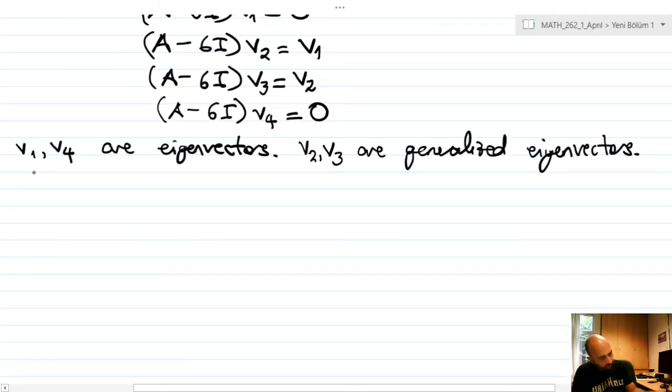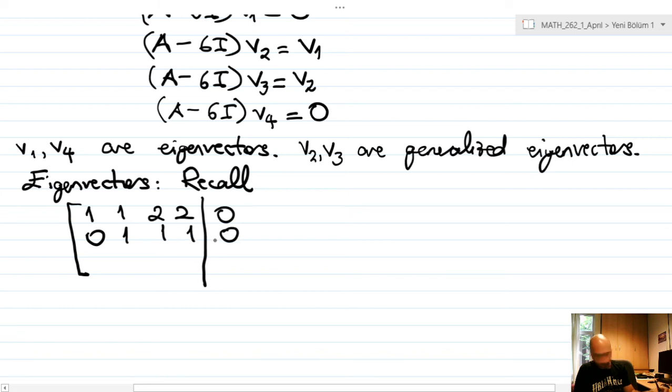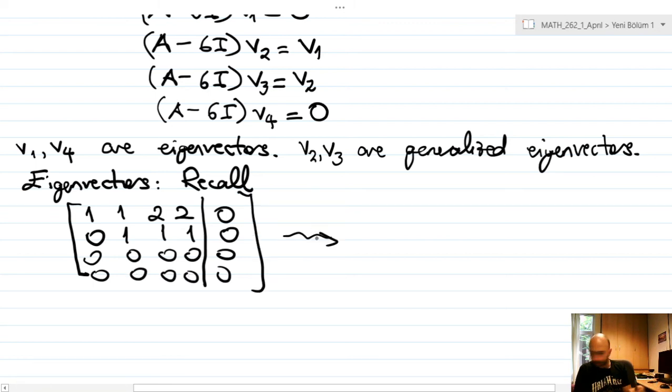So for the eigenvectors, recall that our system was row reduced to the following: 1, 1, 1, 2, 2, 0, 0, 1, 1, 1, 0, and the rest are zeros. So this tells us all the eigenvectors.